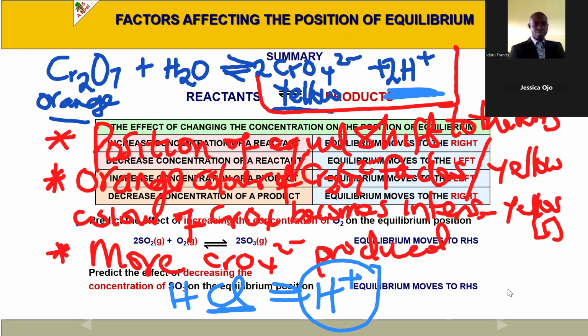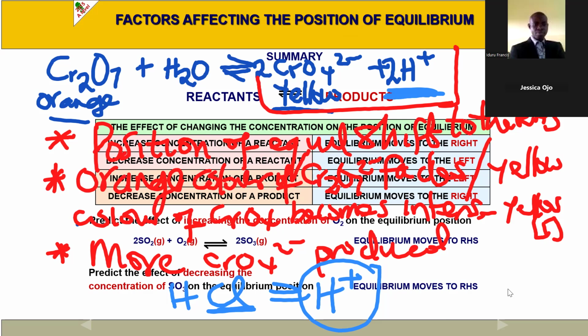So they will also ask you, in case they're asking, if a student decided to add HCl to the reaction mixture, state the effect of the HCl. Of course, you must also know that the HCl supplies hydrogen ions, which increases the overall concentration of the H plus in the reaction mixture.